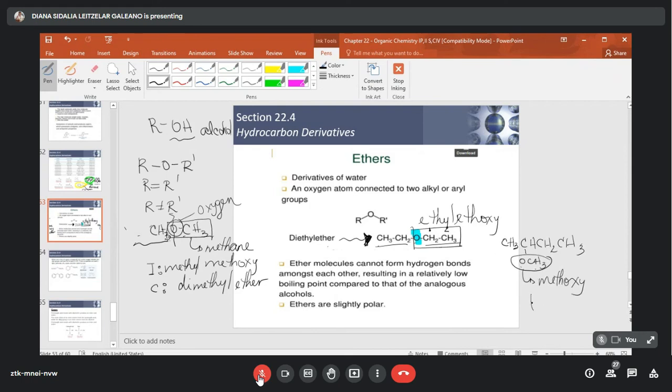The long chain is butane, and in carbon 2 we have the methoxy. Uno, dos, tres. La H, 4. OCH3. Ahí está el cuarto.